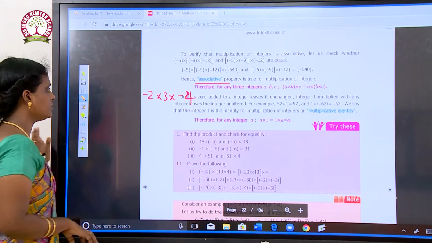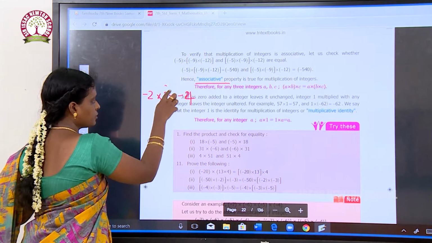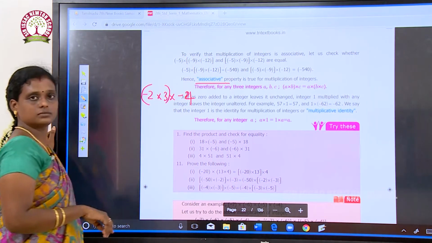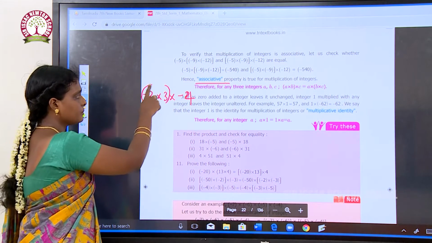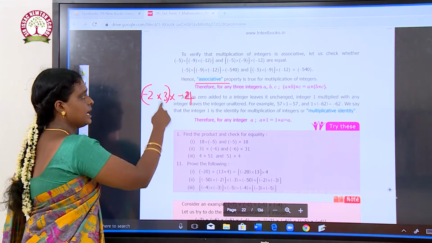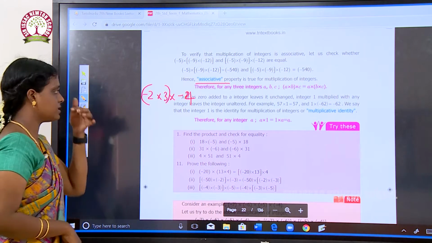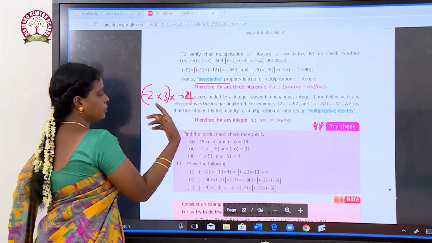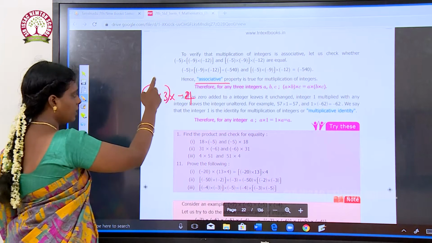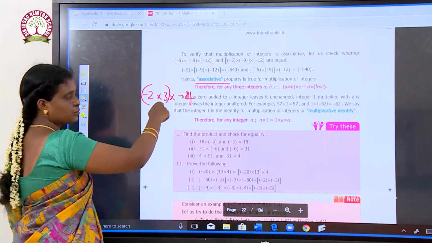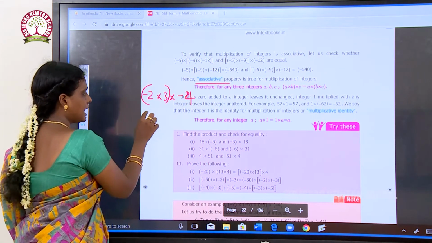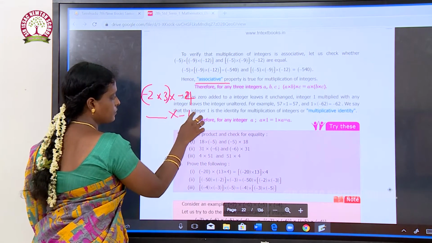What I am going to do is first multiply these 2 numbers, and then with that answer I am going to multiply this minus 4. Children, I hope you can understand what I am telling. So I am just going to multiply these 2 numbers first, and with that answer I am going to multiply this 4.